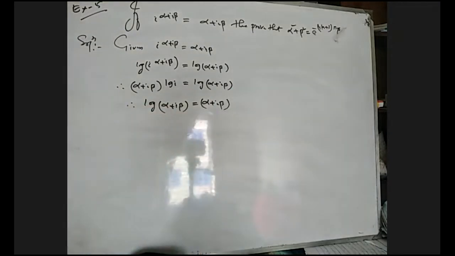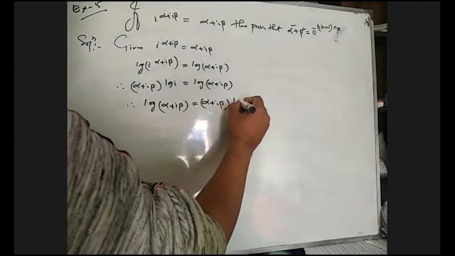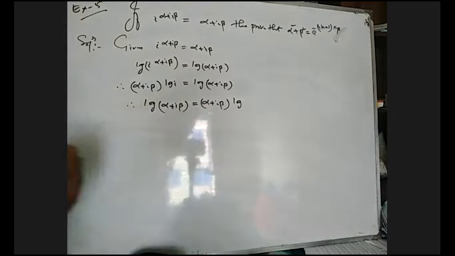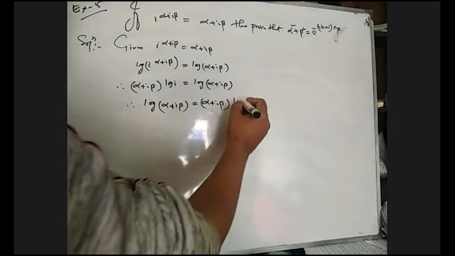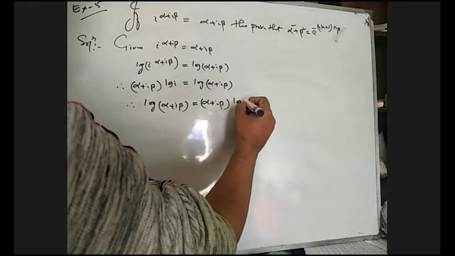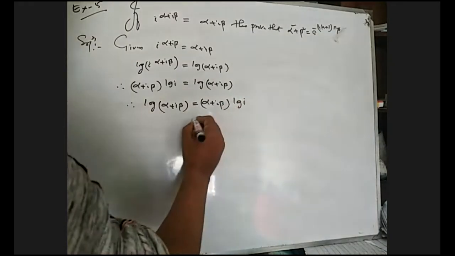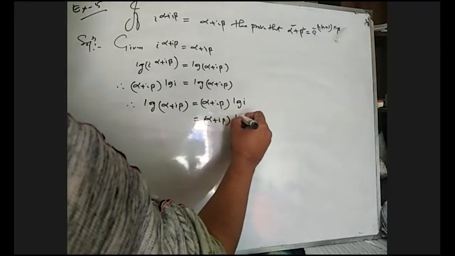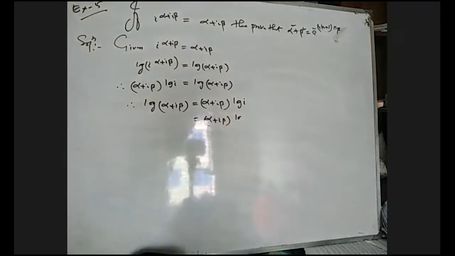Log i can be written as, log i can be written as what? Log i. So alpha plus i beta equals log, this can be written as what?